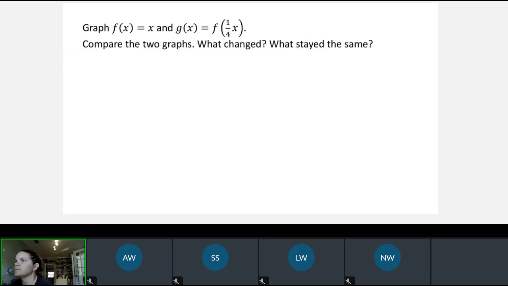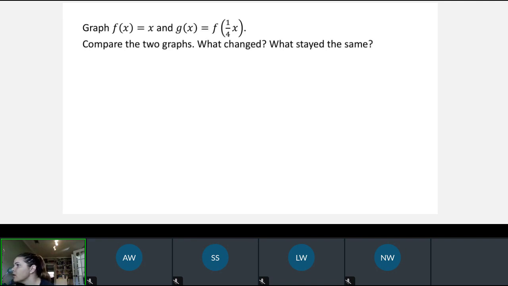Exactly. All right, let's try this one. What will change in this one? Yes, Nola.